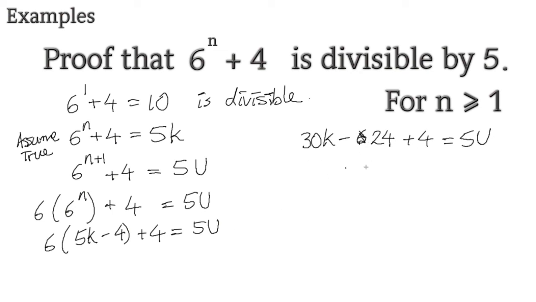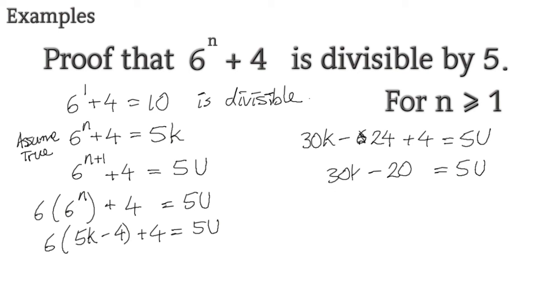And that's just simply rearranging and expanding everything. There's no logic to it really yet. Now cancel out the numbers. We should have 5u equals 30k take 20.